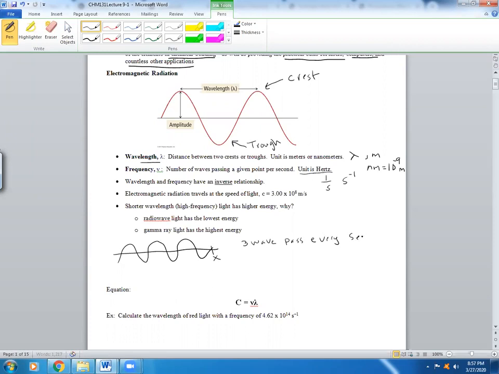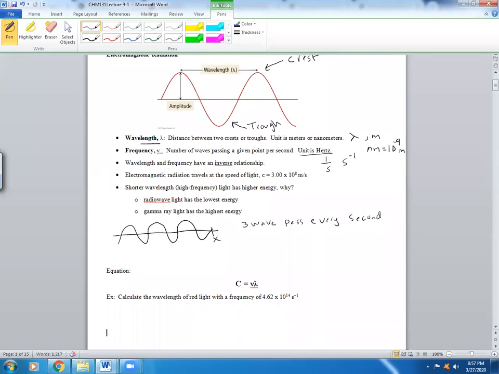Well, that would be called frequency. In this case, it would be 3 inverse seconds, or this inverse second is called hertz, or Hz. So when you hear of a processor, they have this many megahertz, gigahertz, all that stuff. Again, that means it's a frequency.